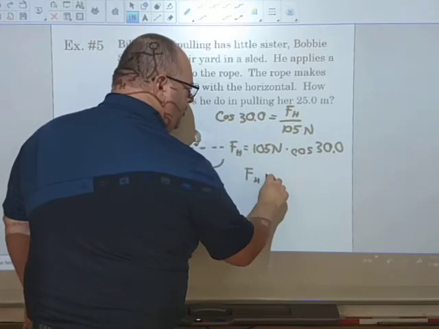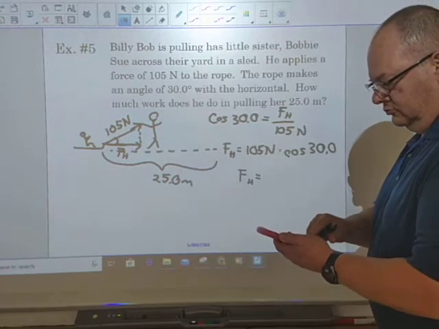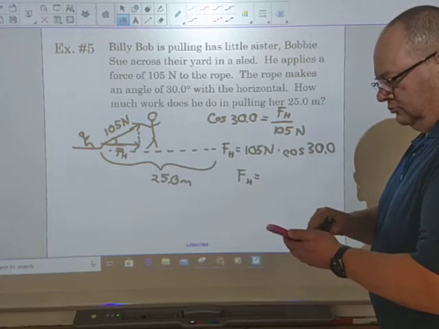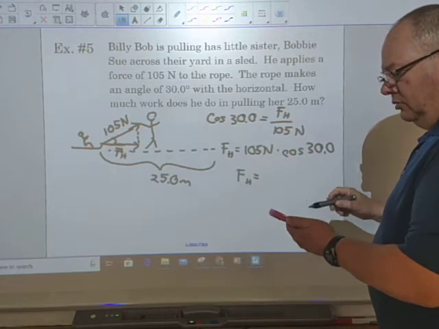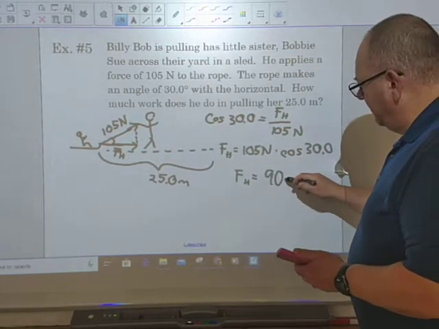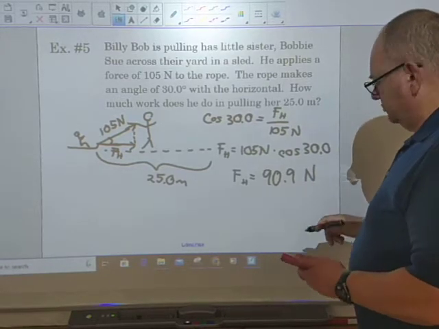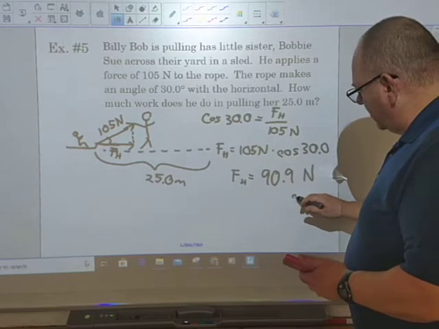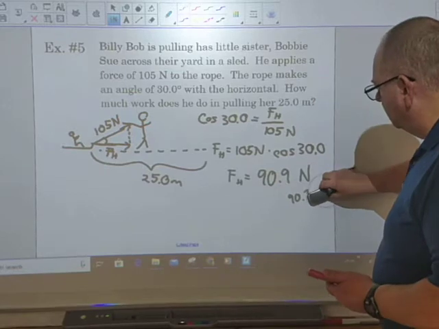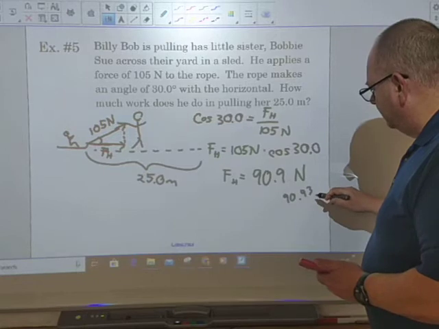My horizontal component is, three sig figs, 90 newtons. For what it matters, I'm going to jot down 90.93.